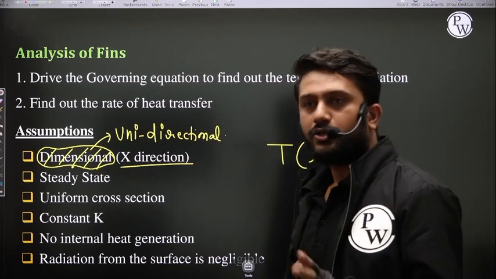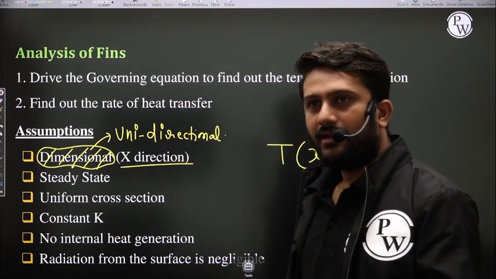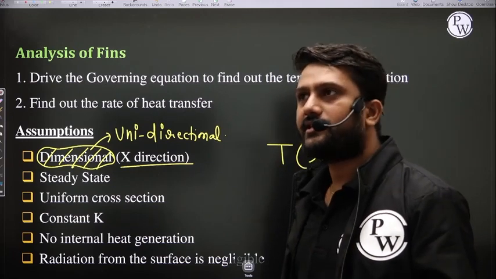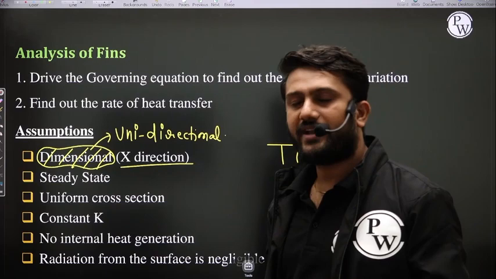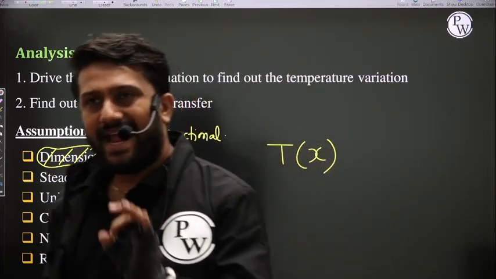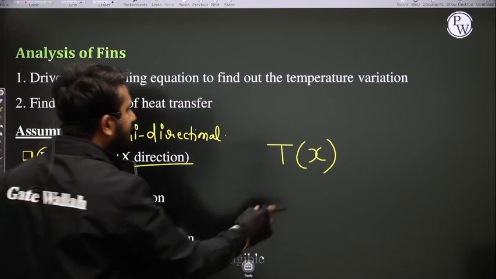So there is no temperature variation in the y direction and z direction. Steady state is there, that means temperature is not a function of time. So temperature is only a function of space, and in space only a function of x.